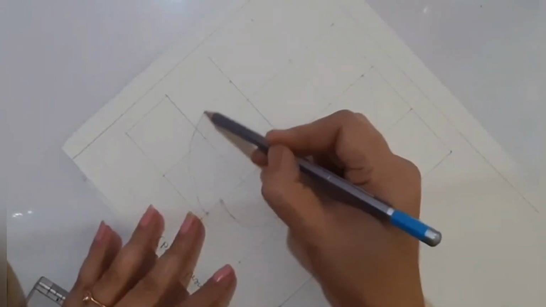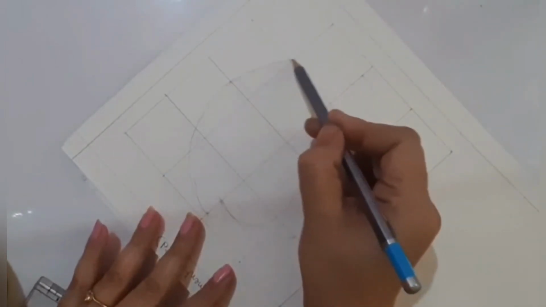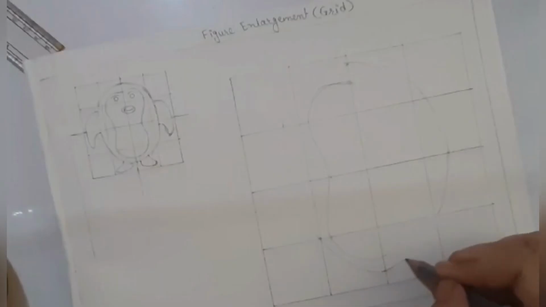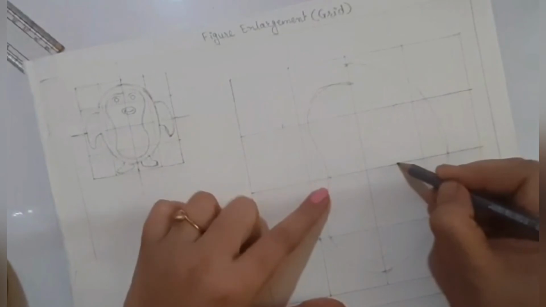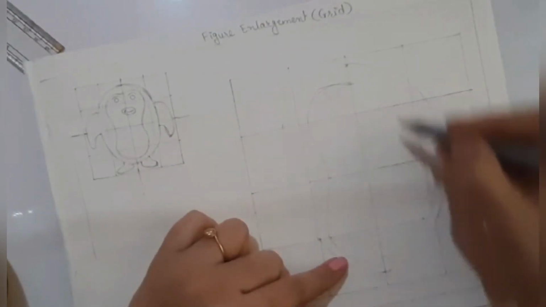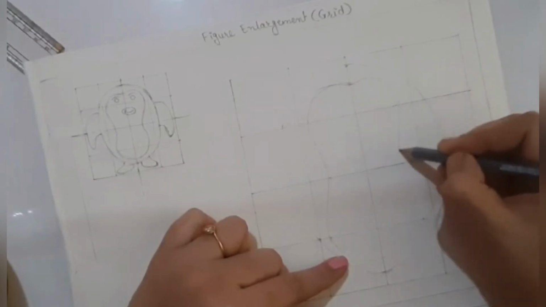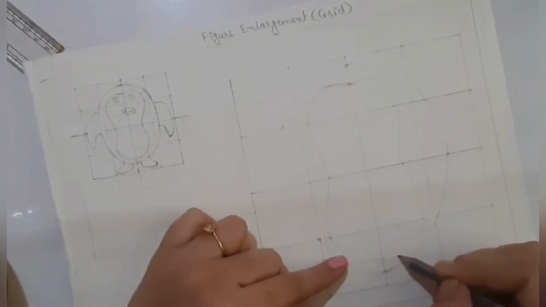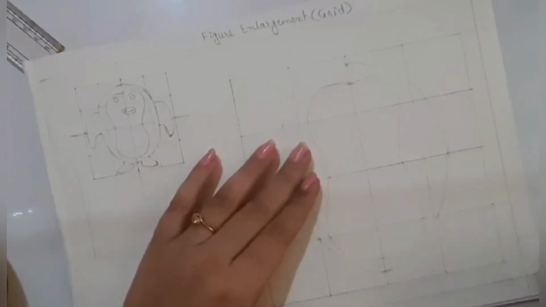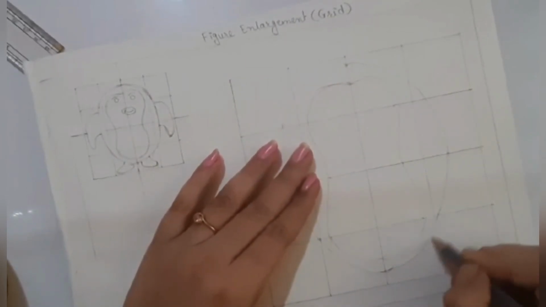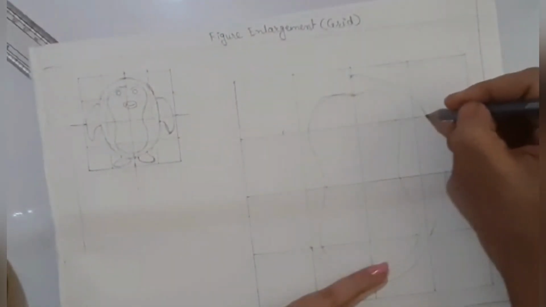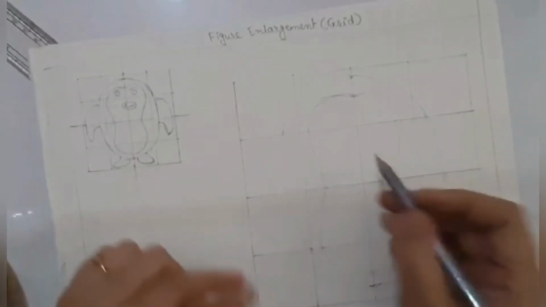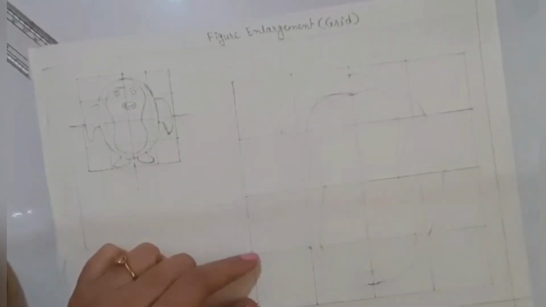The dot connection should be like in a curved manner. Okay. Now this is the eye.